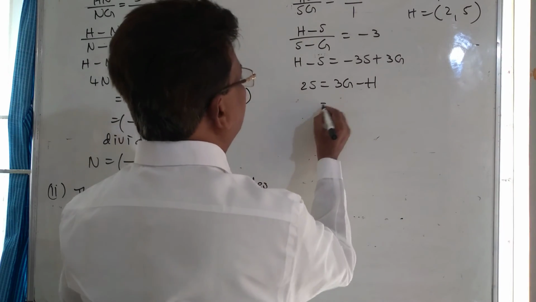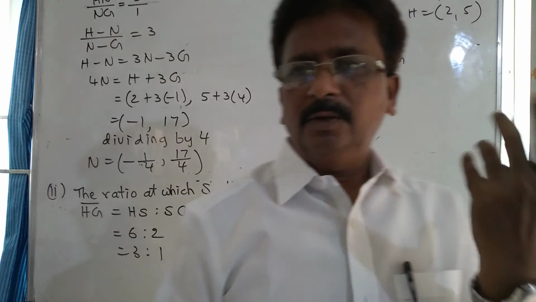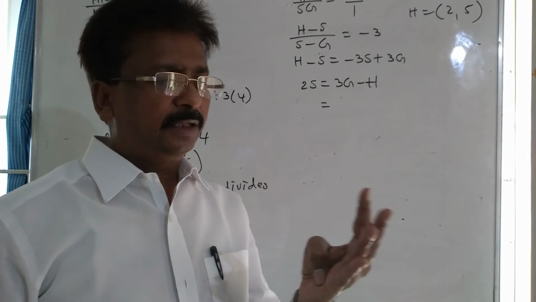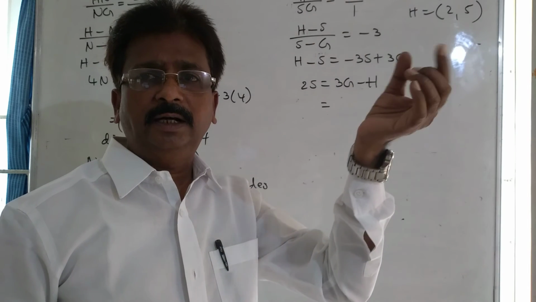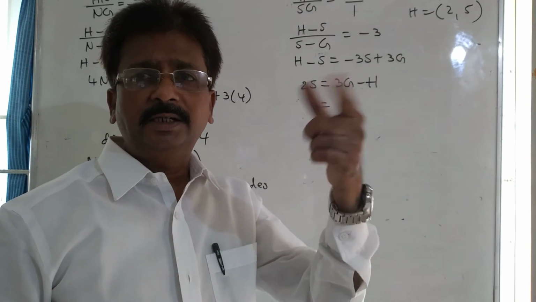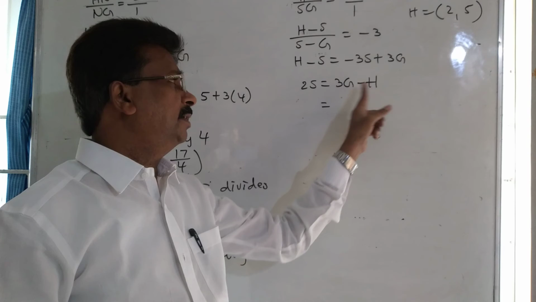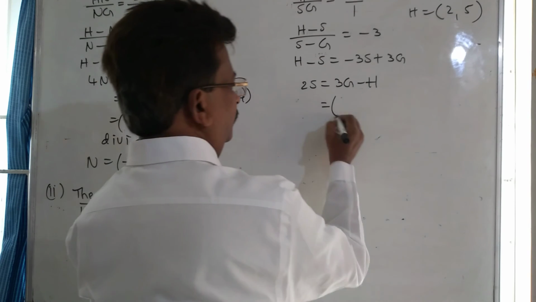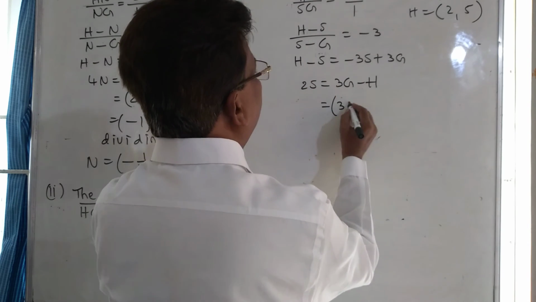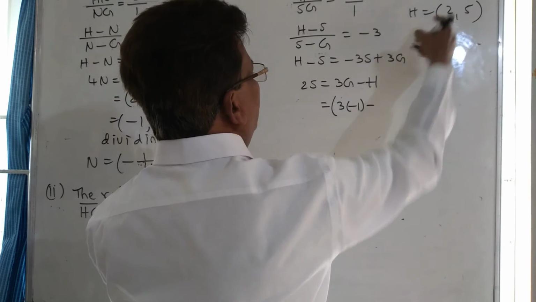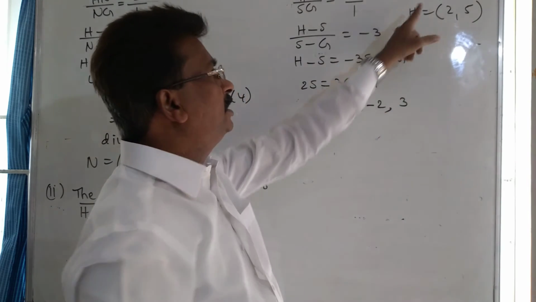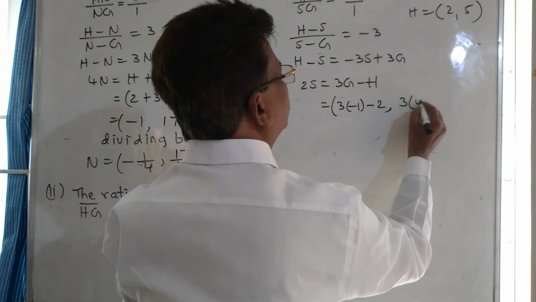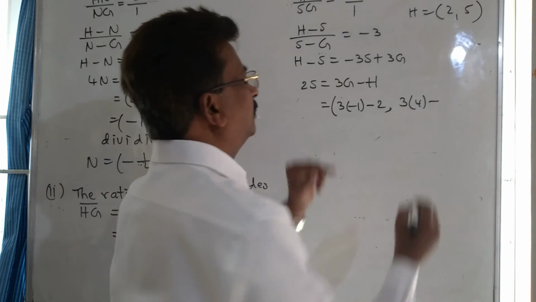So 2s is equal to, we have to write the x coordinates of g and h first and then put the comma, next write the y coordinates of g and h at the places of g h. 3 into g x coordinate minus 1, minus h x coordinate 2, comma, again 3 into g y coordinate 4 minus h y coordinate 5.